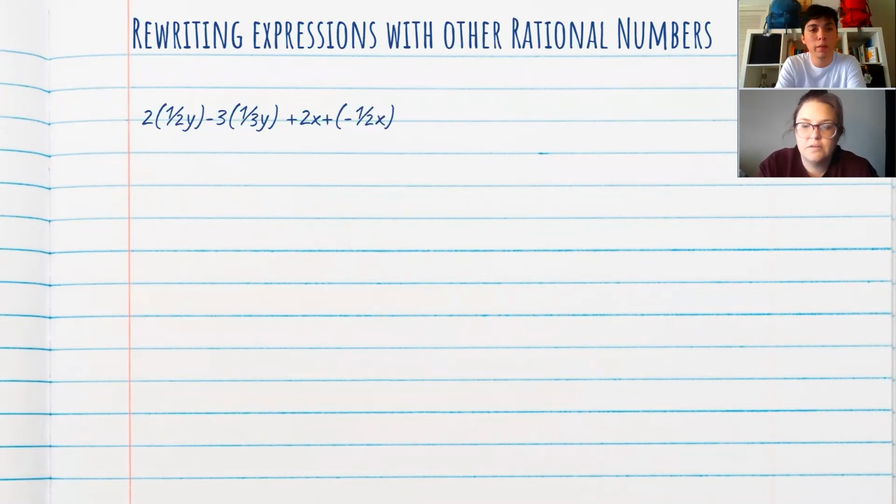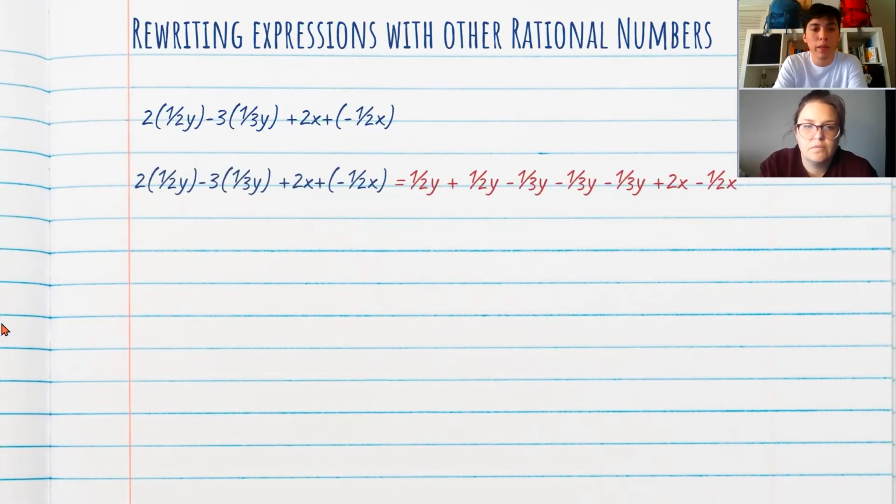Okay, so now that we've taken the time to do it ourselves, what would the first step to simplifying this expression be? It would be to expand this out. So since we have 2 half y's, we just do half y plus half y. So you see we have that twice.